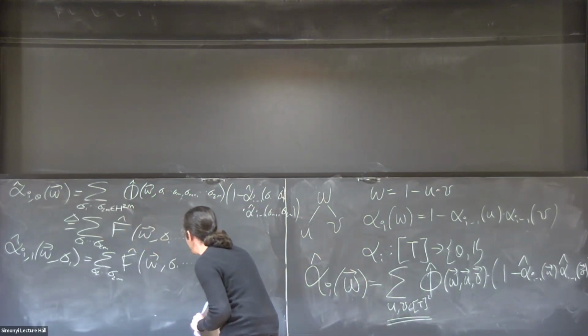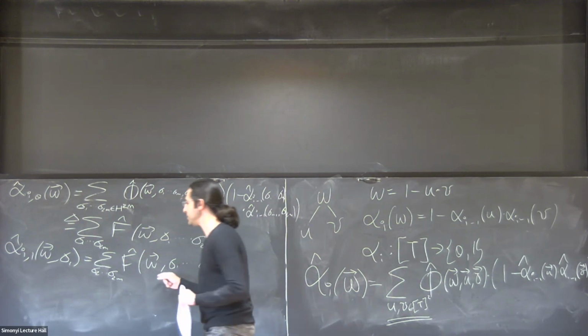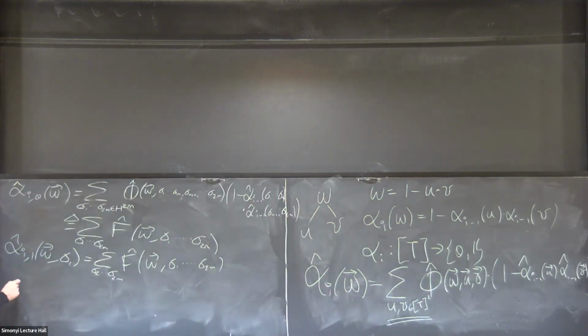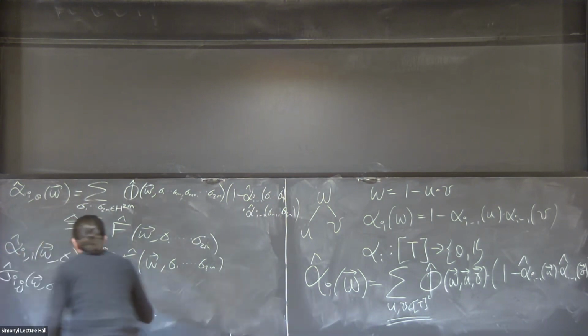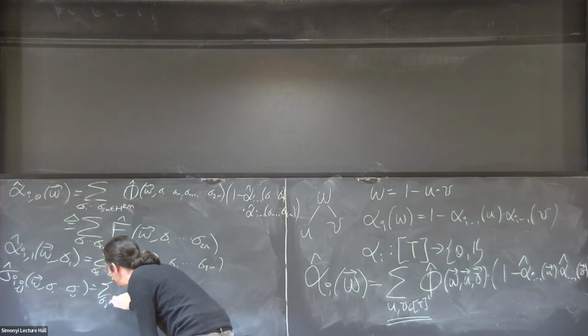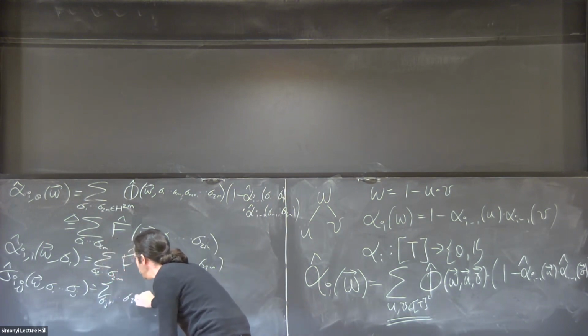It computes the same thing, just like the first element now is fixed as part of the input, and we're not summing over it. And in general, we'll have alpha I j, which takes W and takes the first j inputs, and sums only over the rest, sigma j plus 1 up to sigma 2m.